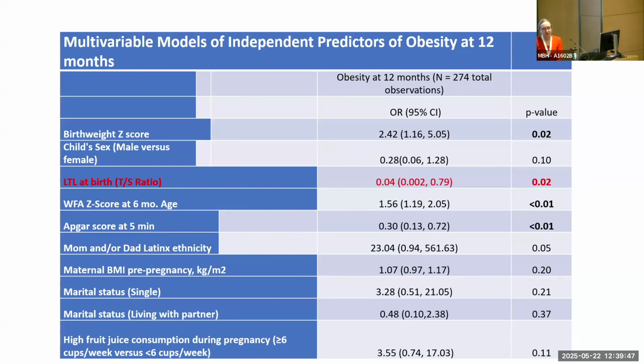But we've looked at some preliminary outcomes in this group, and did find that if we looked at obesity at 12 months in this cohort, again, looking at telomere length collected at birth as part of that heel stick, it did add value in terms of being predictive of obesity, not at 5, but at 12 months of age.